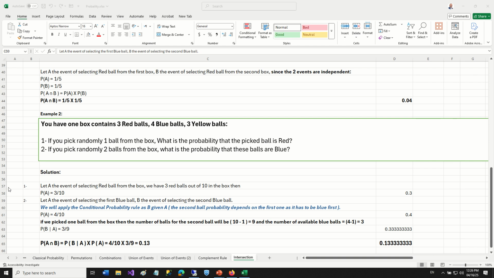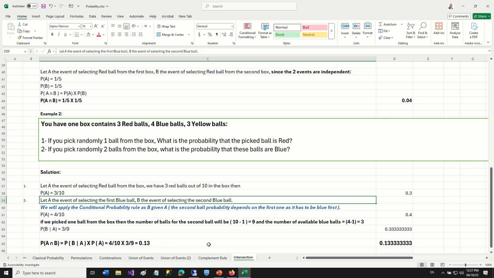It has to be blue first. So probability of A equals 4 divided by 10. If we picked one ball from the box, then the number of balls for the second ball will be reduced by 1. So the total number will be 10 minus 1 equals 9, and the number of available blue balls will be 4 minus 1 equals 3. So the probability of B given A equals 3 divided by 9. Finally, the probability of A intersection B equals probability of B given A multiplied by probability of A, that equals around 13%.